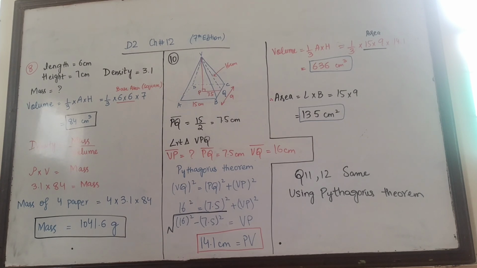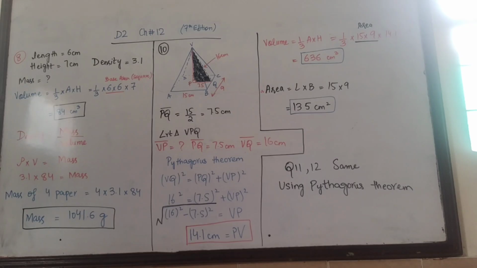Next, look at the right angle triangle, which is VPQ. You know PQ, which is 7.5 centimeter, and VQ, which is 16 centimeter. The unknown side is VP.